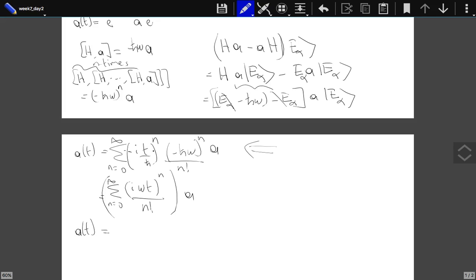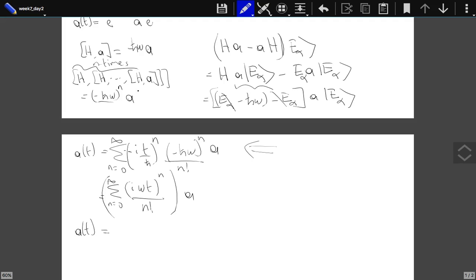Each recursive commutator brings a factor minus h bar omega, and the nth term has n of them. So I have minus h bar omega to the power n.